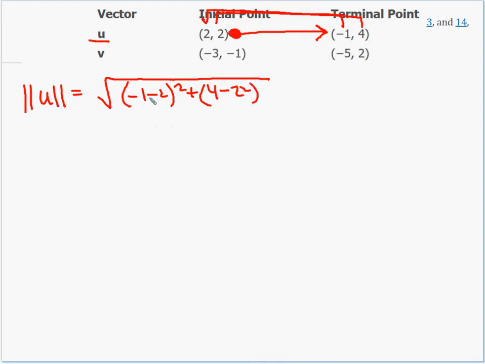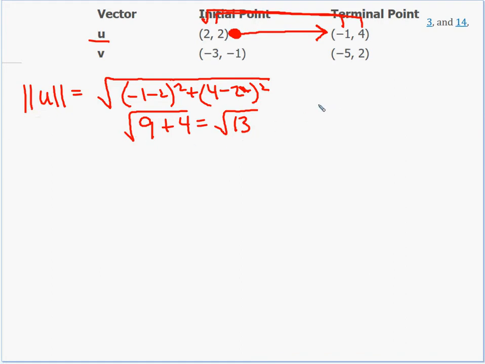In the first parentheses we get negative 3, square that and get 9, plus 4 minus 2 is 2, and that squared should be outside the parenthesis. 2 squared is 4. So that's going to be 13. The root of 13 is the magnitude of vector u, or its length.